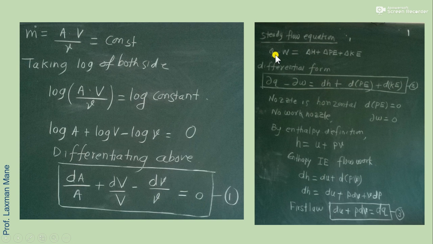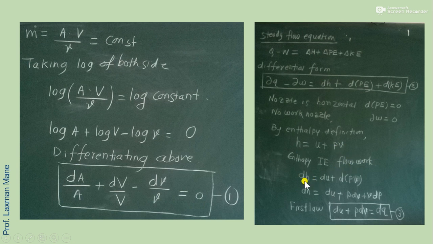Now we have the steady flow equation, Q minus W is equal to delta H plus delta PE plus delta KE. In differential form we can have this equation, say equation number 2. Now already we discussed, as the nozzle is horizontal, the change in potential energy is 0, and in the nozzle there is no work. Enthalpy definition again, H is equal to U plus PV. This is internal energy and this is flow work, PV.